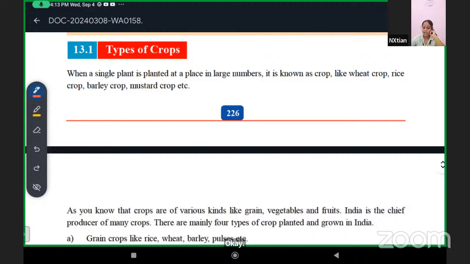When a single plant is planted at a place in large numbers, it is known as a crop, like wheat crop, rice crop, barley crop, mustard crop, etc. Have you seen a field with crops planted in it? Yes, ma'am.